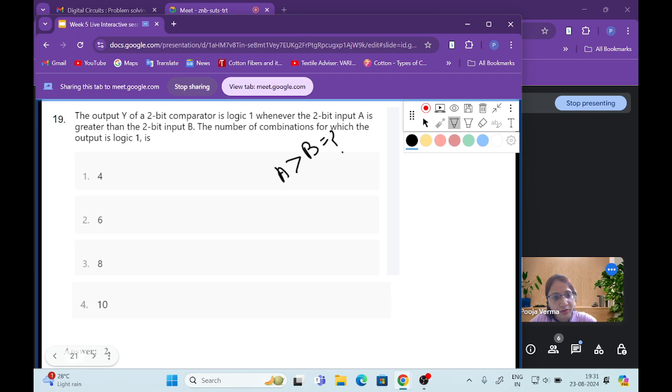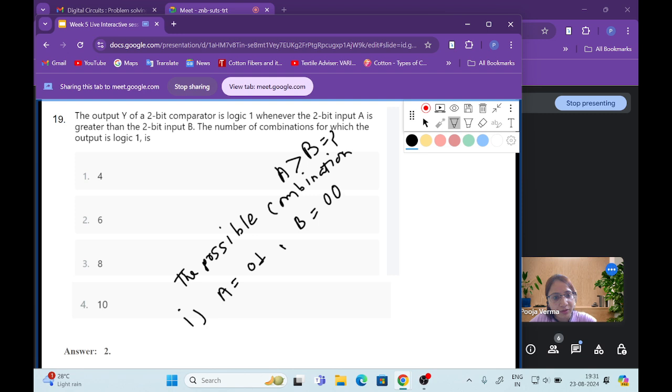So let's check. The possible combinations when A is greater than B. First case is if A is equal to 0, 1 and B is 0, 0.